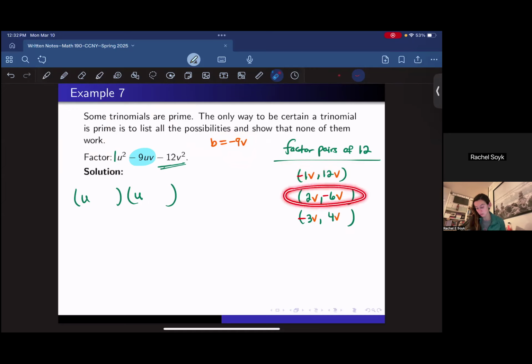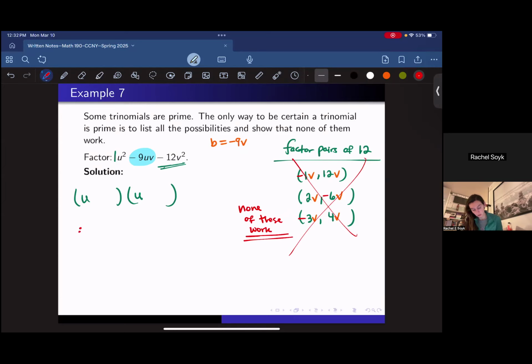This one gives us negative 4, or positive 4v. This one gives us a positive v, or let's say this is negative, then a negative v. So none of these work.